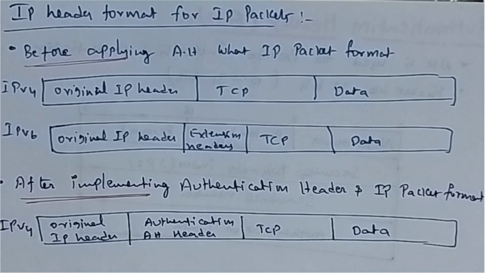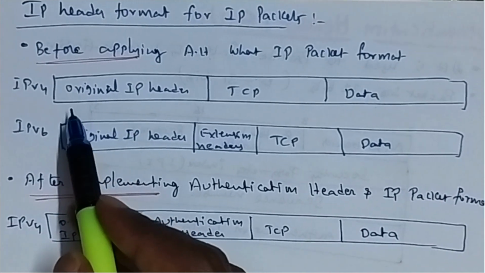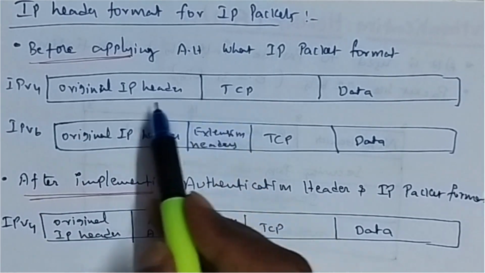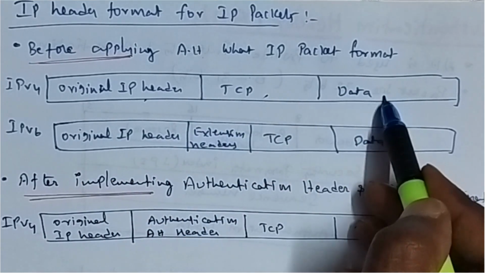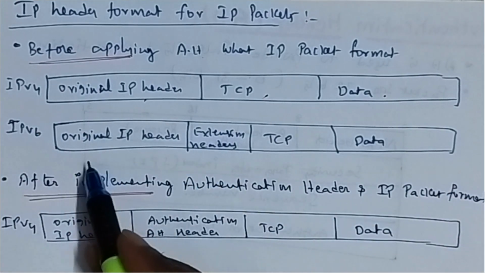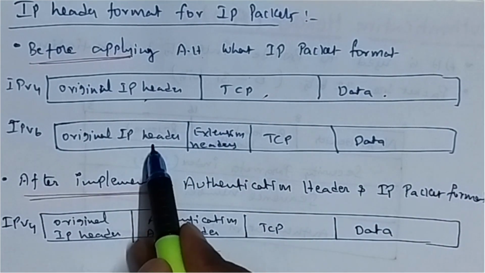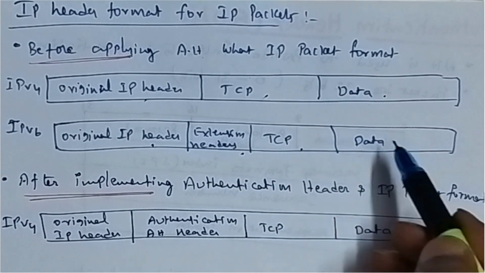Okay, here we will see the internet protocol header format for IP packets. Before applying the authentication header, the IPv4 packet will be like this: original IP header, TCP header, and data. In IPv6 the packet will be: the original IP header, extension headers, and TCP protocol and data.